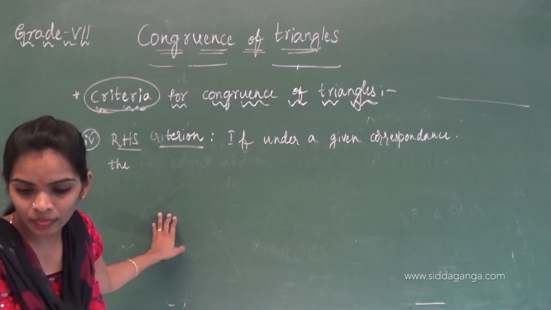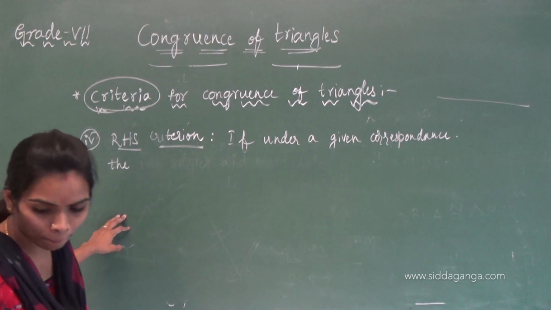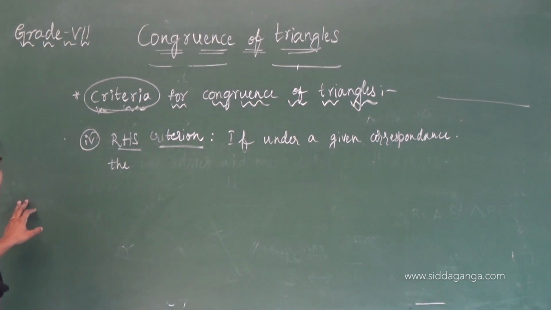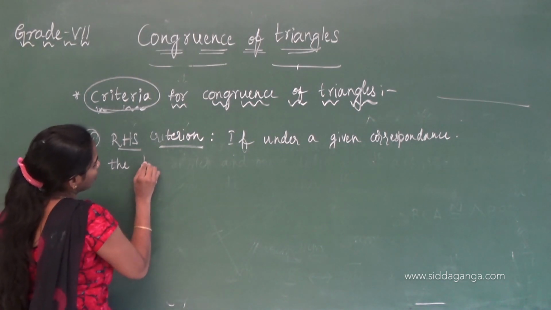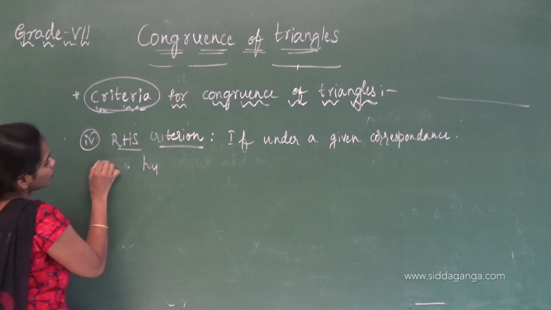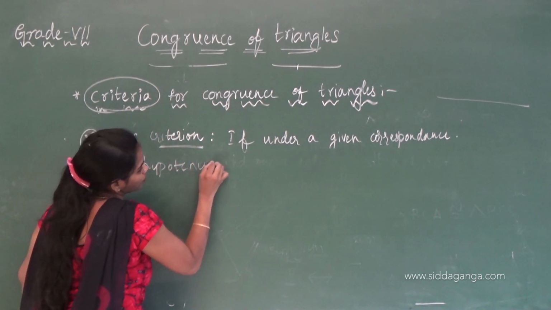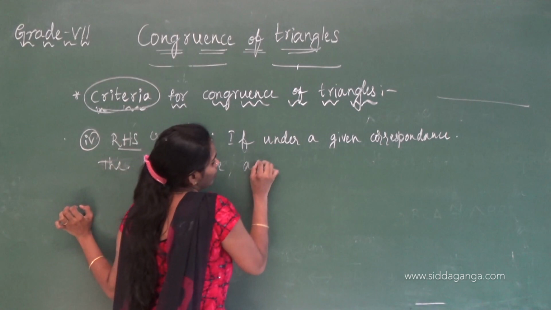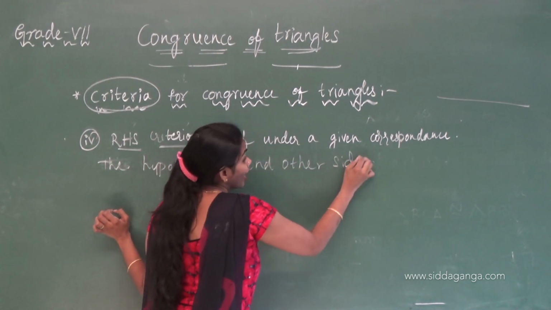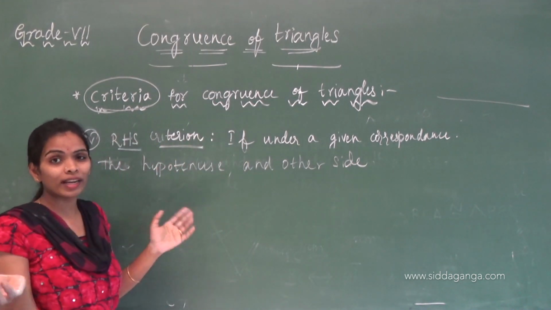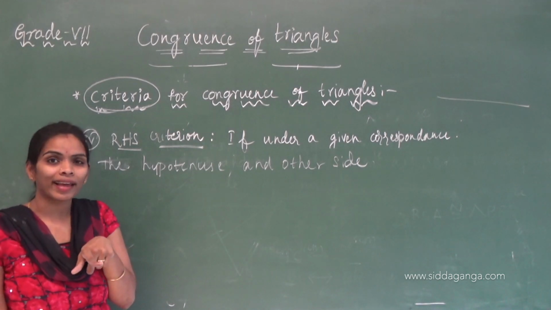If under correspondence the hypotenuse and other side, meaning apart from the hypotenuse we will get two sides which are generating from the right angle, correct?